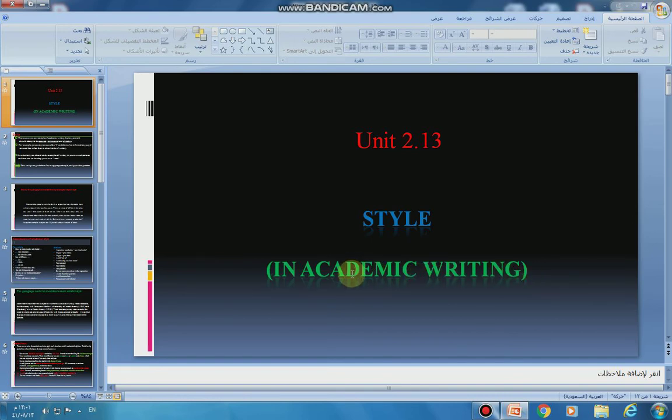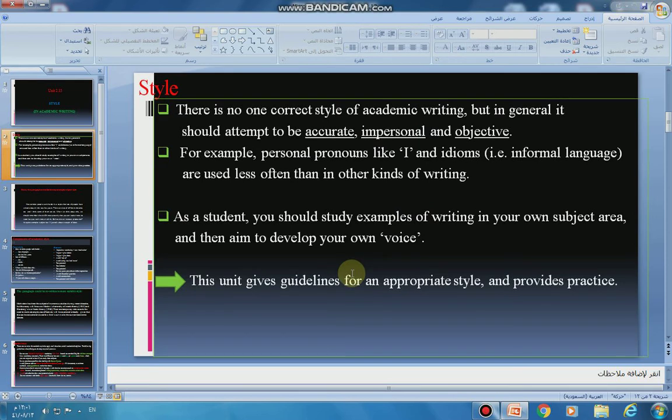Before we start, I would like to draw your attention once again that this lecture will focus on style in academic writing rather than style in other types of literary works, where some other rhetorical features might be used. Here, our concentration is style as it's used in academic writing.